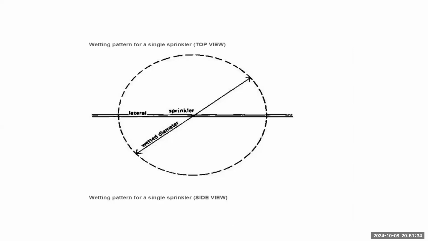Now see, this is the wetting pattern for a single sprinkler. The sprinkler is fixed over the riser, which is fixed over the lateral. This is the top view, and it shows us the wetting pattern for a single sprinkler.